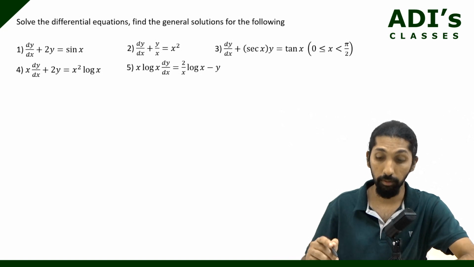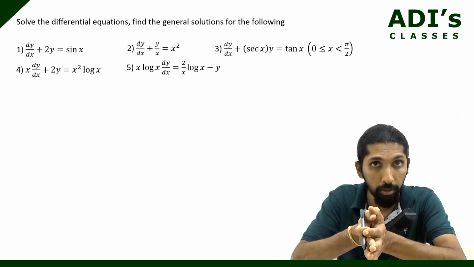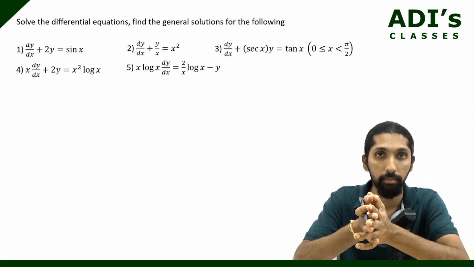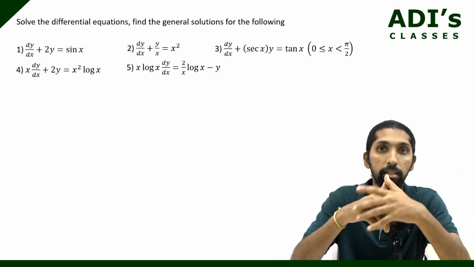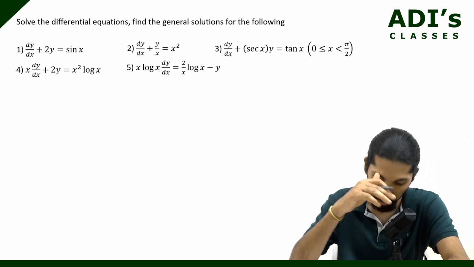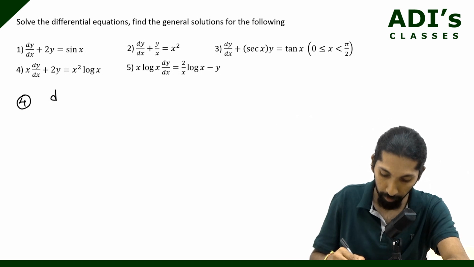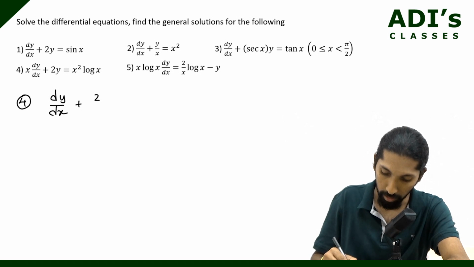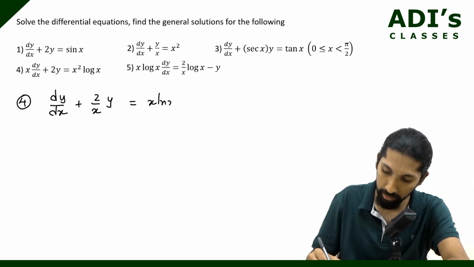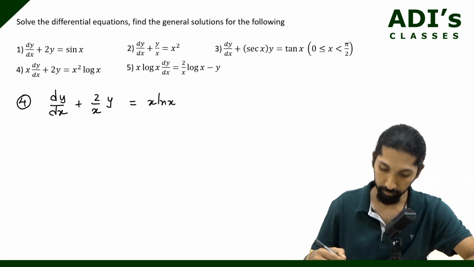See the fourth one. First question, is it in the standard form? It's not, right? So first we need to get it in the standard form. So divide the whole equation by x. So for the fourth one, if you divide by x, you will get dy by dx plus 2 by x into y is equal to x into log x, correct?